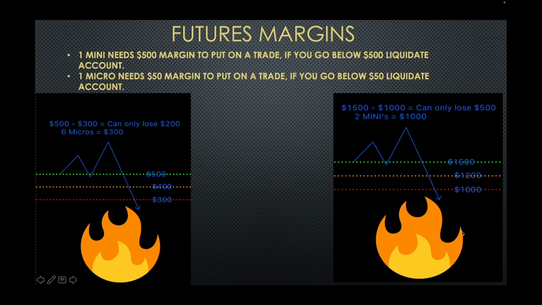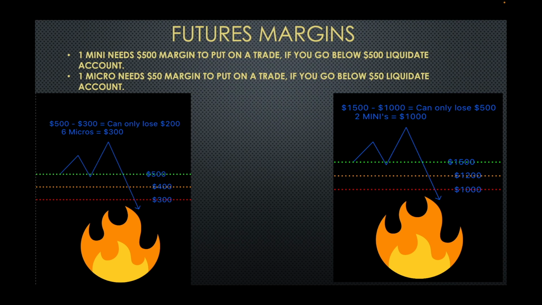We're closing the account, and it wipes your account out. And I do believe you even have to pay if that happens. I think, honestly, I can't remember. It's been so long since I traded out of my personal account, but when that happens, you actually have to pay a fee on top of it.